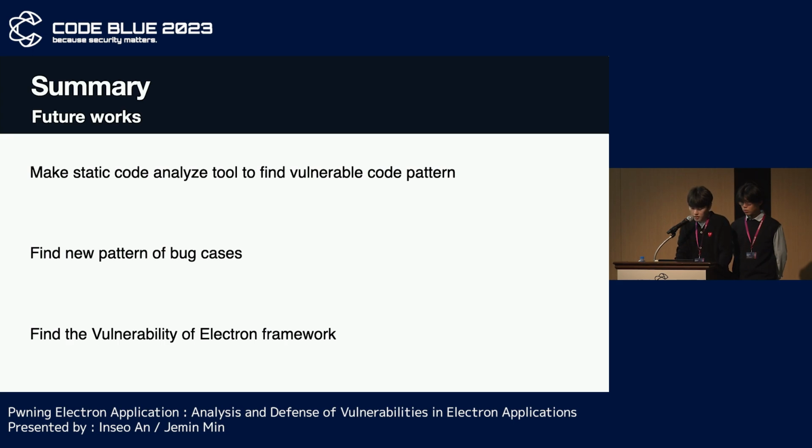Second, new attack patterns, like the ones I showed earlier and disclosed. Finally, find vulnerabilities in the Electron framework itself. If you find vulnerabilities in the Electron framework, it will have a high risk impact.